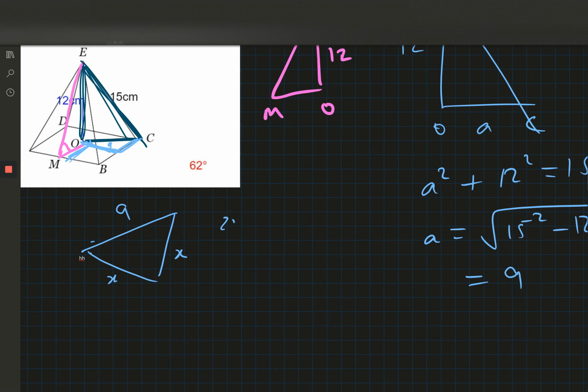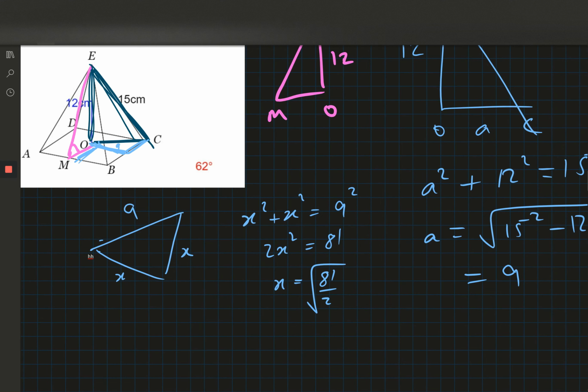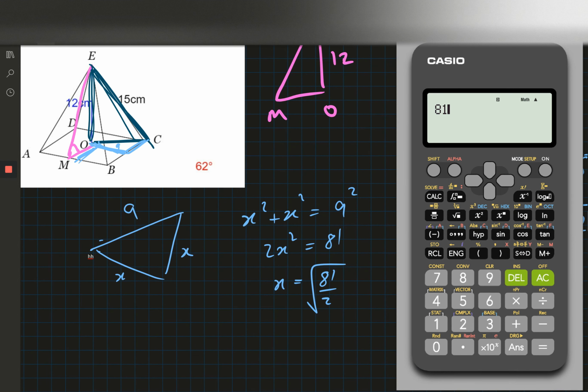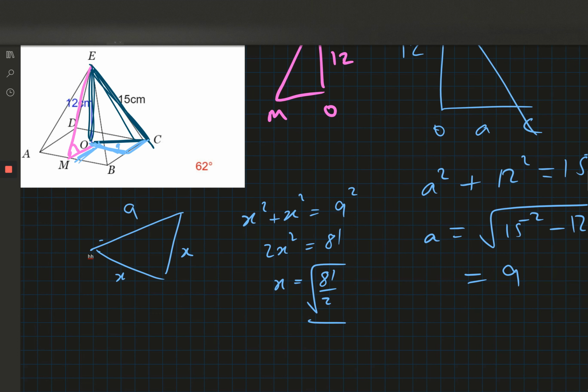Let's write this out carefully. So x squared plus x squared equals 9 squared. 2x squared equals 81. So x is equal to 81 over 2 all square rooted. I'm just going to leave it as this for now.